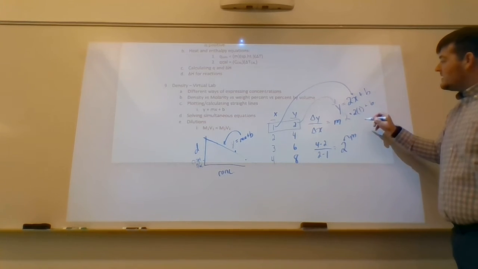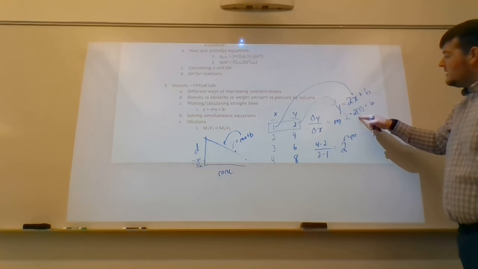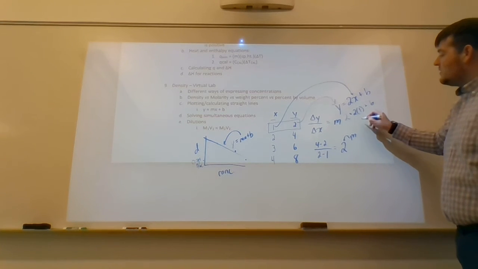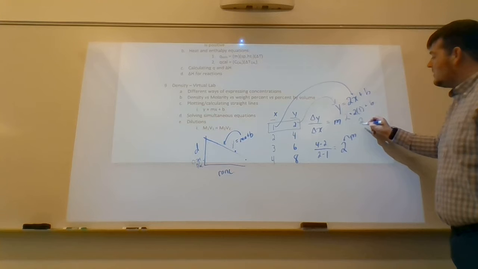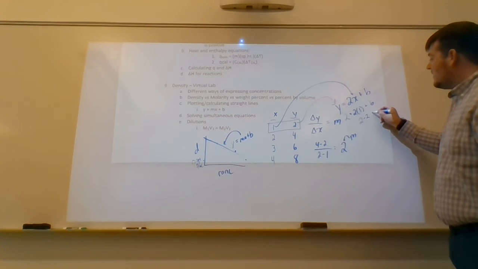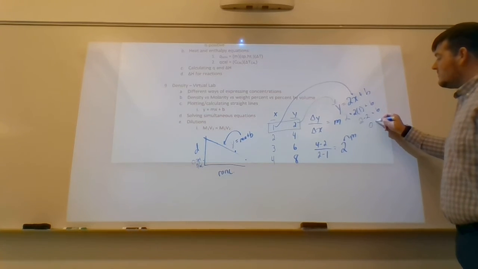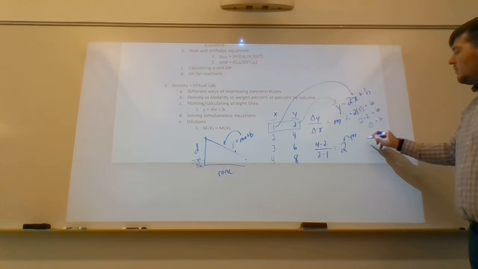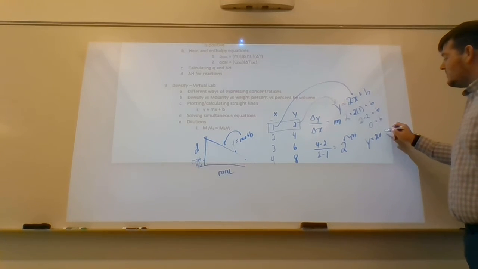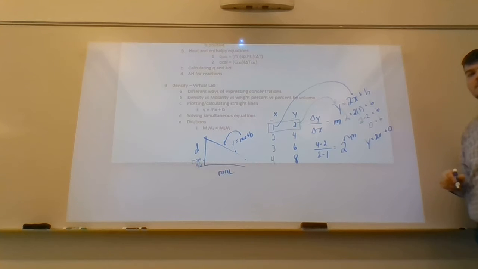So in this case, let's solve for b. 2 times 1 is 2, minus 2 from both sides. 2 minus 2 is equal to b, which is equal to 0. b in this case is 0. y equals 2x plus 0, or simply y equals 2x.